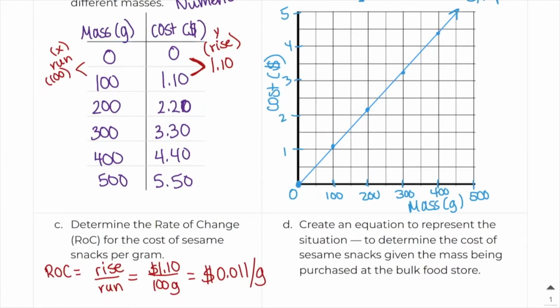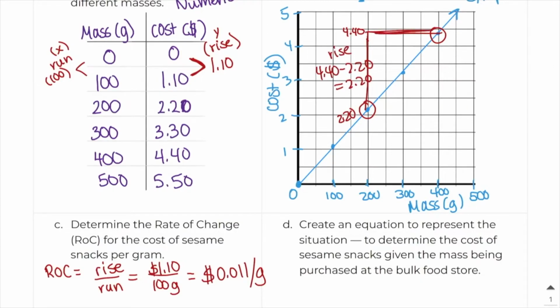Another option is to do rise over run using your graph right here. I could also just choose a starting point, so I can start here and end here, and I know that the rise went up by $2.20 because this up here is 440 and this down here is 220, and when I do 440 minus 220, I get 220. So we know that the rise is 220.